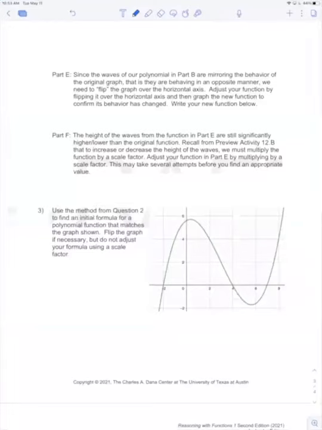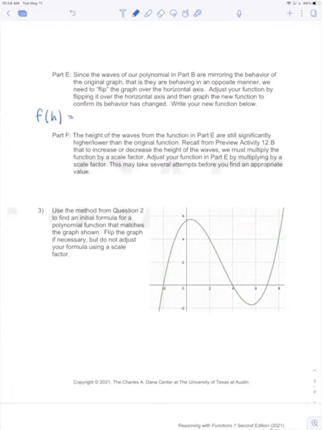Let me go back to part E. And it says, since the waves of our polynomial in part B are mirroring the behavior of the original graph, that is, they're behaving in an opposite manner, we need to flip the graph over the horizontal axis, which we did. And we adjusted the function and write the new function below. I'm just going to copy what we entered in under the y equals screen. So it would be f of h.